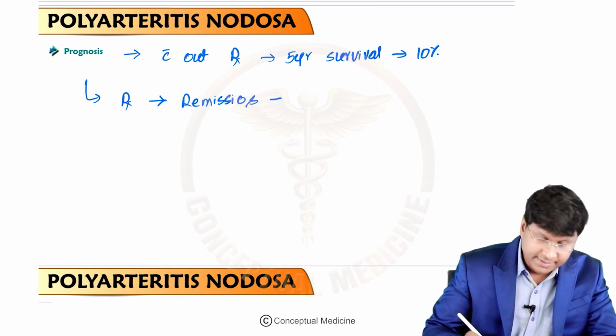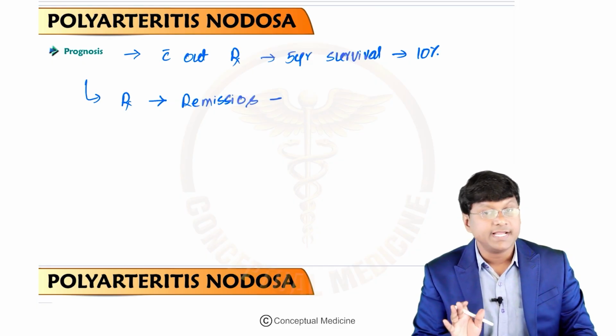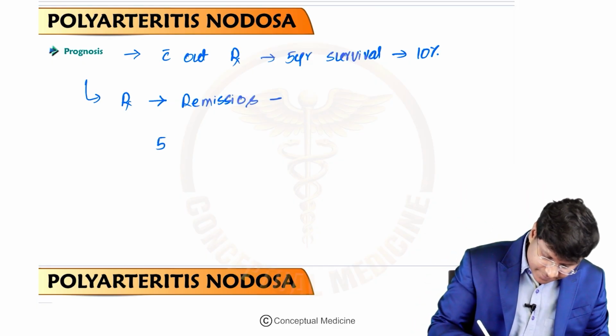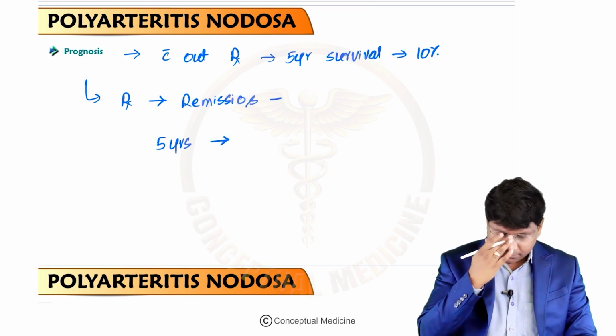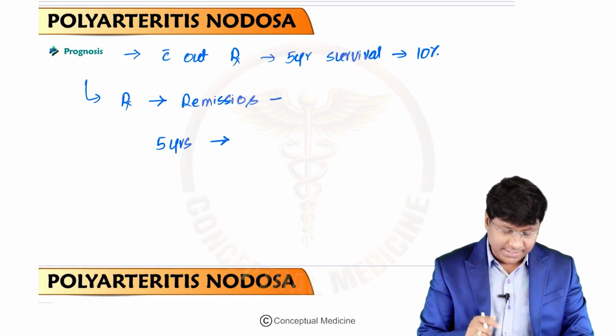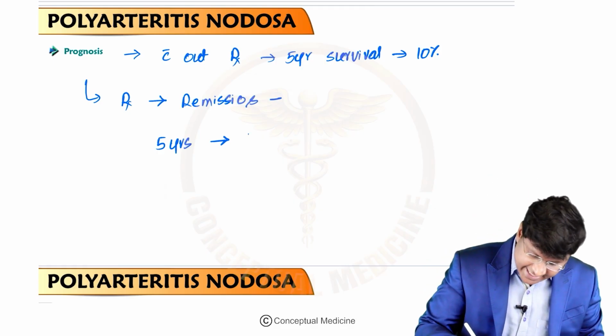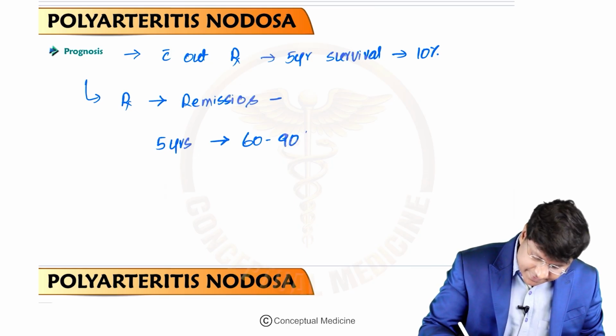And 5-year survival rate in case of polyarteritis nodosa with appropriate therapy has been improved to 60 to 90%.